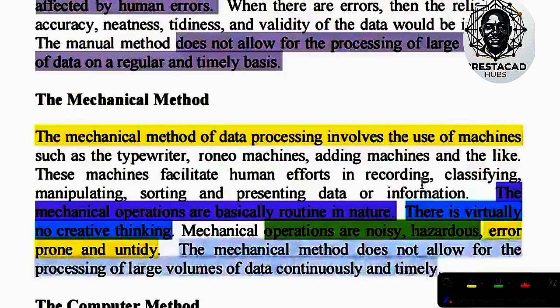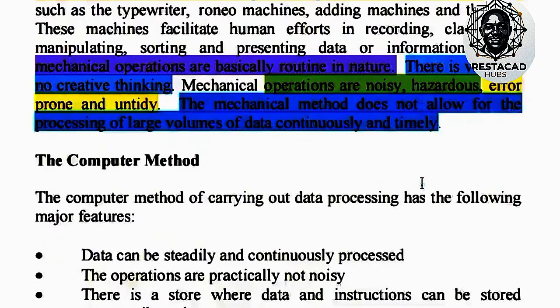Now the third method of data processing is the computer method. Just like it implies, the manual method uses human effort, the mechanical method uses machines, and the computer method uses computers for data processing. The computer method of data processing has several advantages.